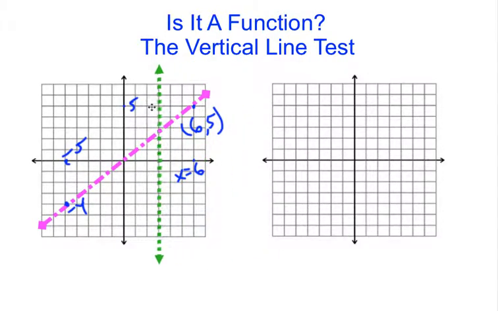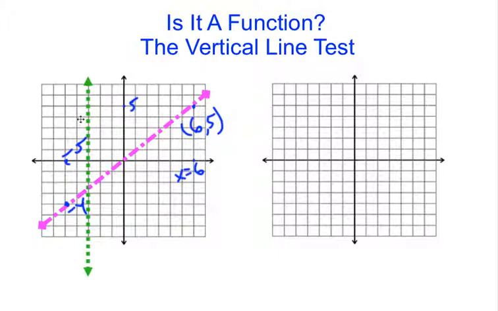If I drag it over, notice that this vertical line is a line of x equals something. Right now it's at x equals 0, right now it would be x equals 1, and so when I drag this across the function, it will touch only one piece of the graph, which means it maps to only one y value. So for every x value, there is only one y value.